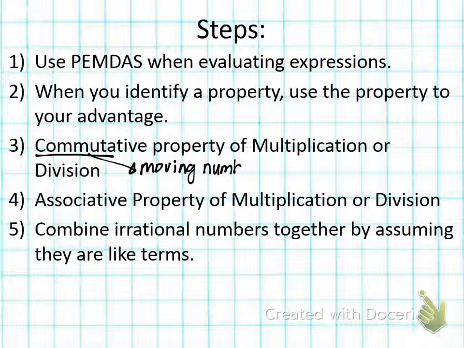Just like when you commute to school, you are moving your body to school. Associative, underline associate. This means grouping numbers. Can you write that down in your notes? So commuting is moving numbers, and associative is grouping numbers.